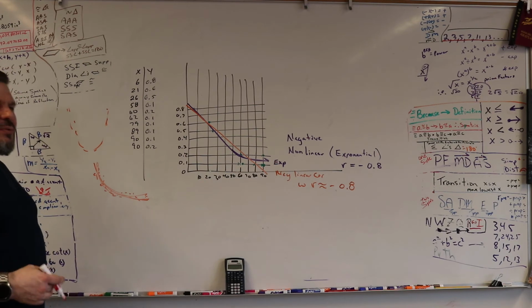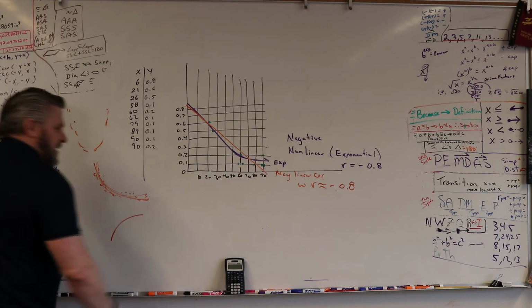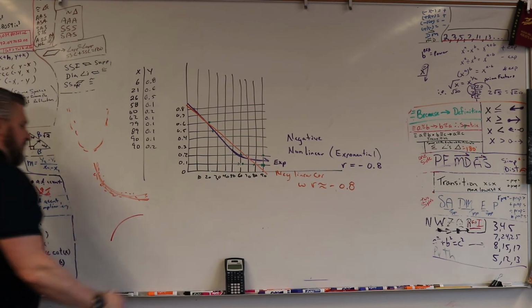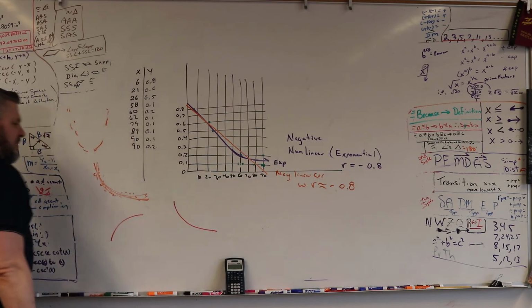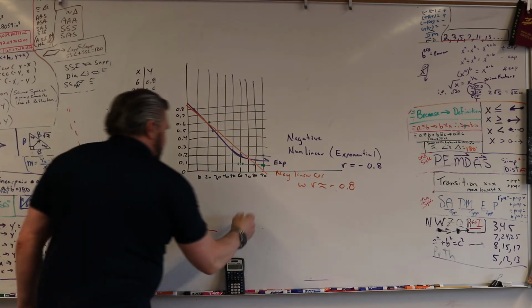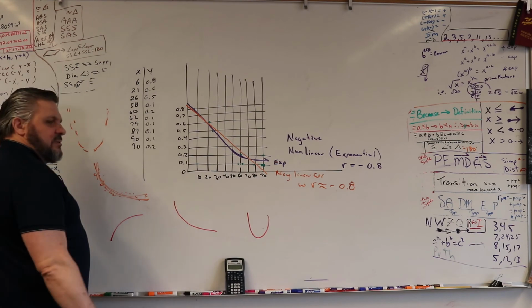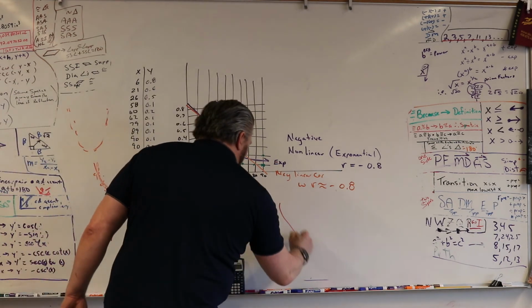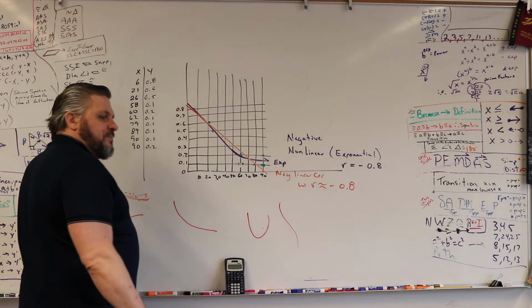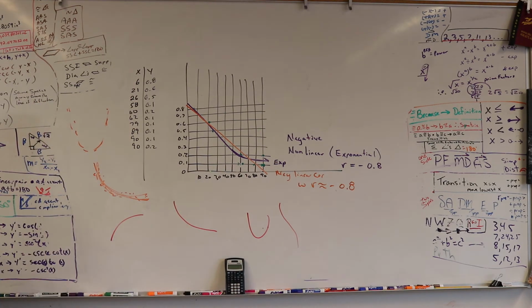So square root functions look like this, right? Exponential functions look like this. Quadratics look like this. Cubics look like this. Okay? So we will talk about those different things.